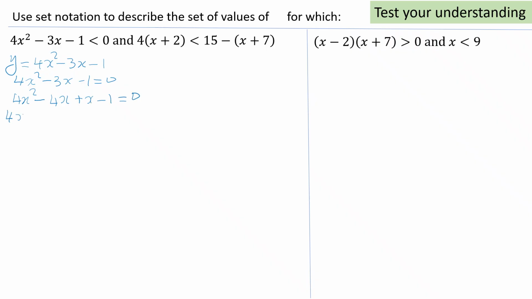So if you take 4x out of the first two terms, 4x times x minus 1 plus 1 times x minus 1 equals 0, so 4x plus 1 times x minus 1 equals 0. Now we make it 0, so 4x plus 1 equals 0, so x equals minus a quarter, or x equals 1.